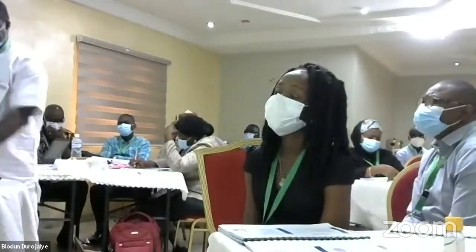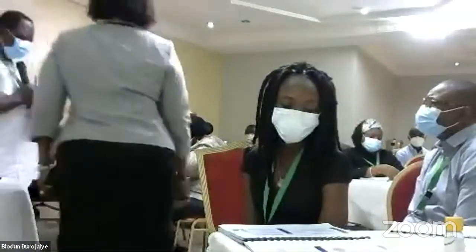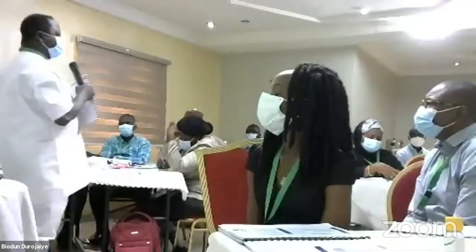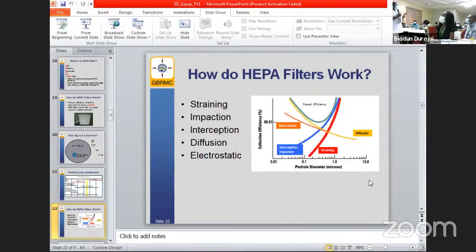Now, in terms of electrostatic methodology, what we are talking about is that the particulate matter moves under a particular force. All right. So what HEPA filters do is to break the force, and therefore do not allow them. When they don't move with that same force again, then they will not be able to pass.